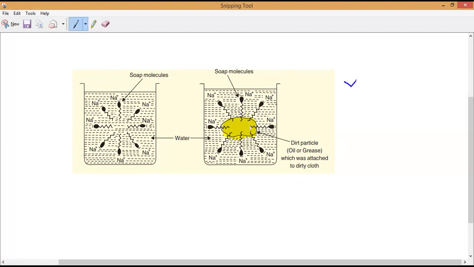This black dot is COO minus Na plus. This part is hydrophilic and this part is hydrophobic.